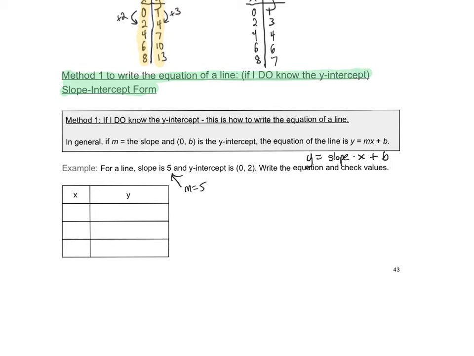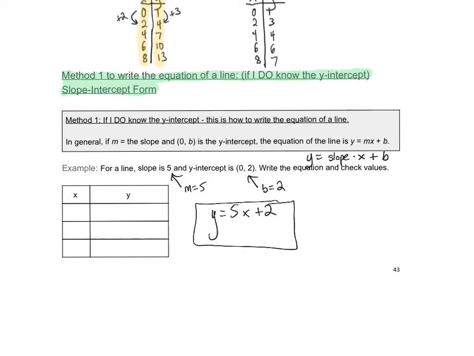The y-intercept is (0, 2). So that means that the equation is y equals 5x plus 2. And let's talk about why that makes sense by filling in the table of values. But I didn't need the table of values or really any thought process much to do this. I was able to go straight from the slope and the y-intercept to my equation.